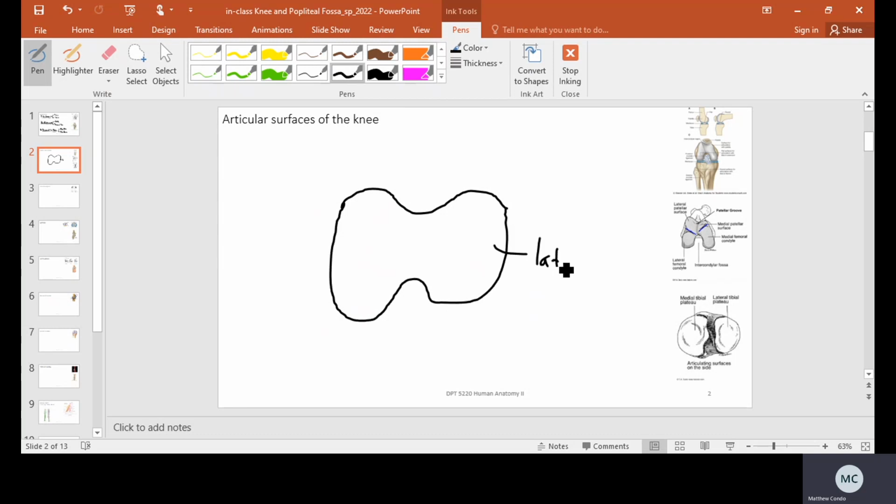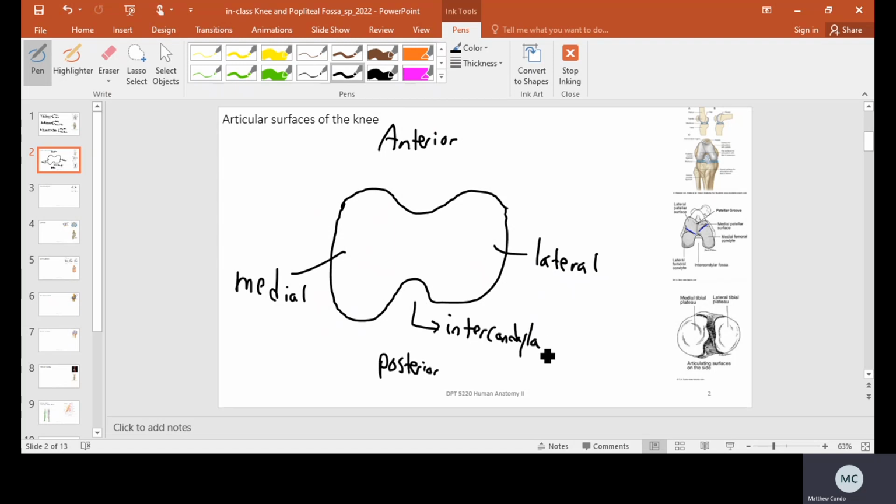Lateral, medial, anterior, posterior. So where the patella is going to sit is going to be in this little section here.